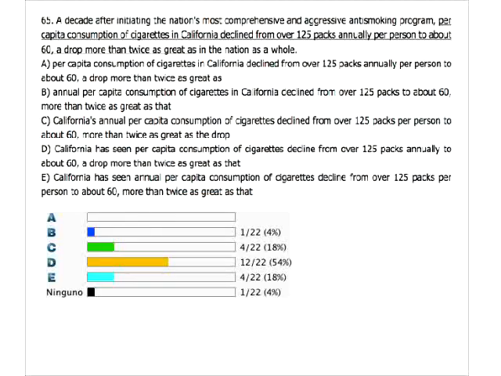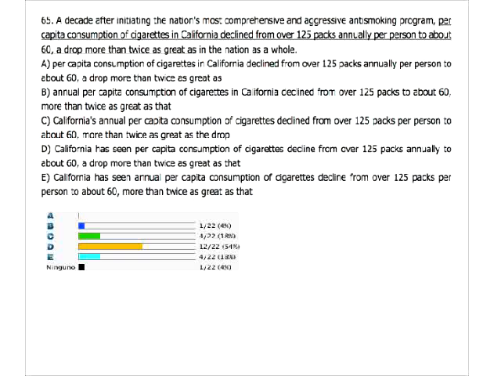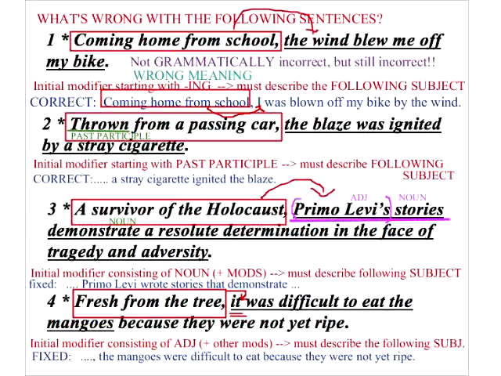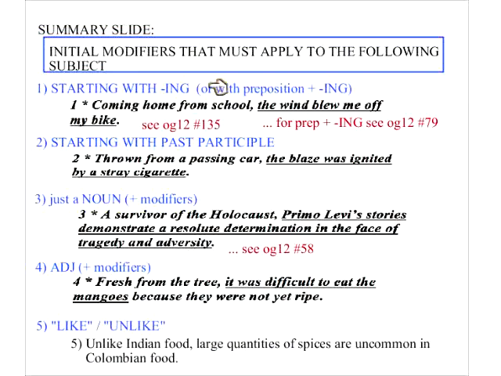"A decade after" is still, notice that the "decade" part here is modifying "after." If I say "after doing this" versus "three hours after doing this," this is just telling how far after. So in our list of things here, this is still a preposition plus -ing, "after doing this."